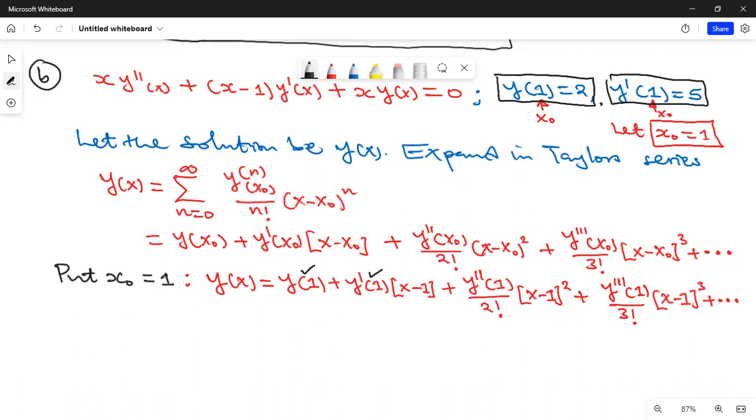So look at our ODE. Let me rewrite it, so that the steps are clear. So you can write, find y double prime of 1.